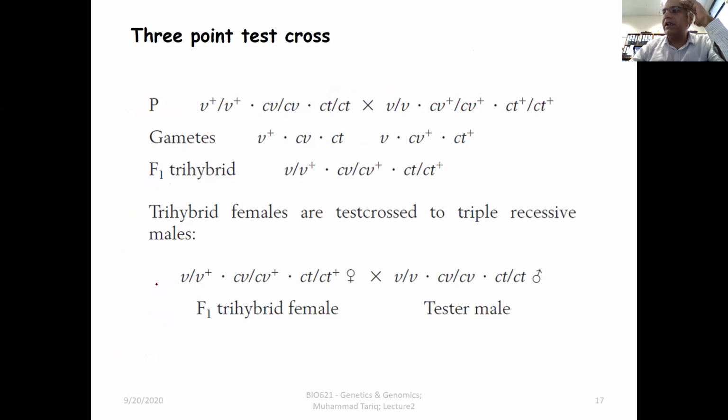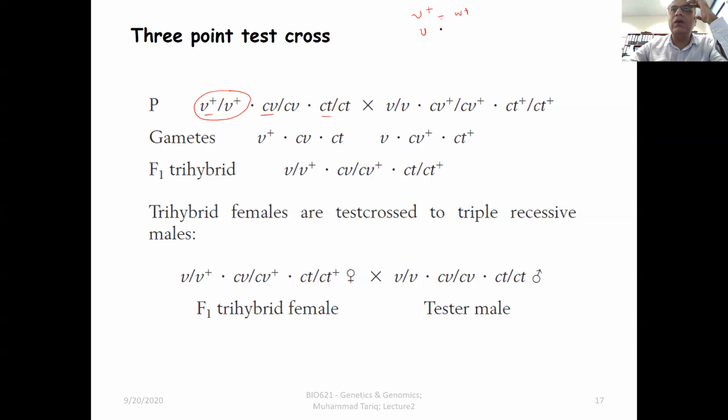For this, I take an example from your textbook, the Griffiths. So here you have 3 traits: cross-veinless, cut, and vermilion. And here V plus means this is wild type. Cross-veinless homozygous means this is homozygous recessive, and cut homozygous recessive. If it is V plus, it means it's wild type.